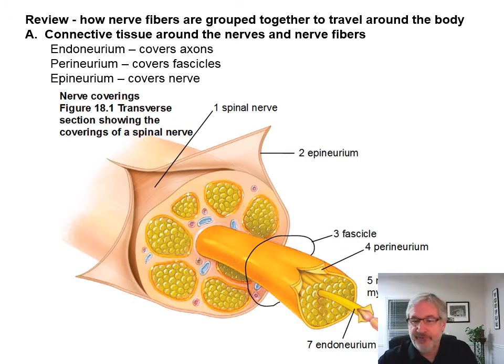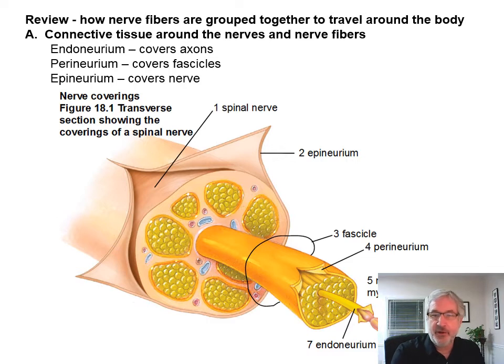I'm going to talk first about the coverings. Just a reminder, this is going back a little bit, we talked about this in the intro of the nervous system, I think. So we have endoneurium, perineurium, and epineurium. So here's the endoneurium down here. The endoneurium wraps around the axon.